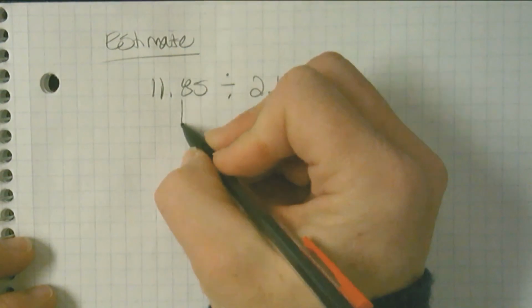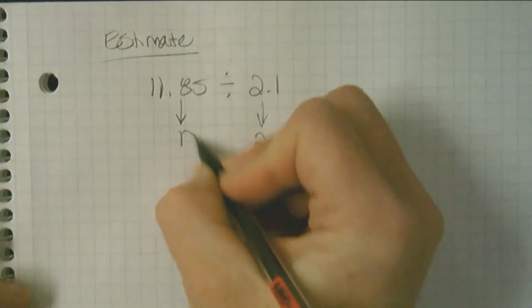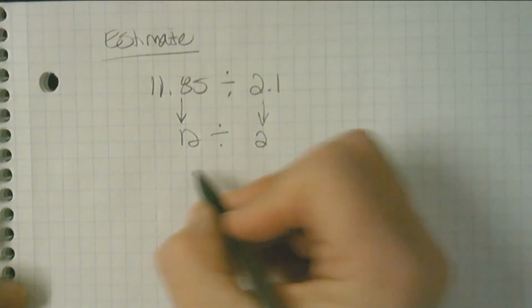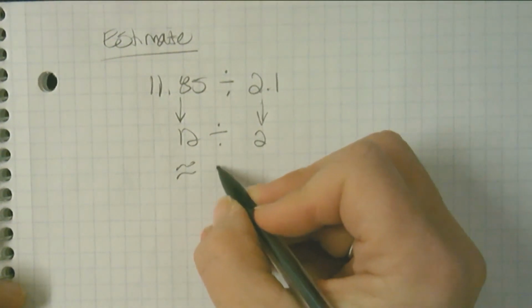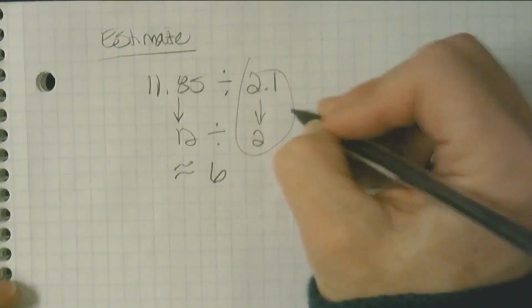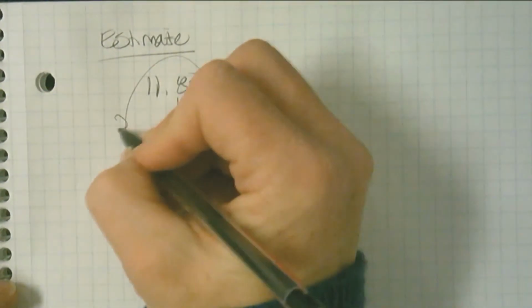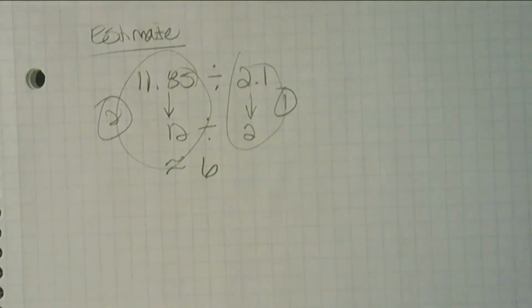All right, then what is 11.85 close to that it is divisible by 2? Emerson? 12. So what's 12 divided by 2, Emerson? 6. So remember, you're estimating that first, rounding that divisor first, and then you're changing what you're dividing up second.